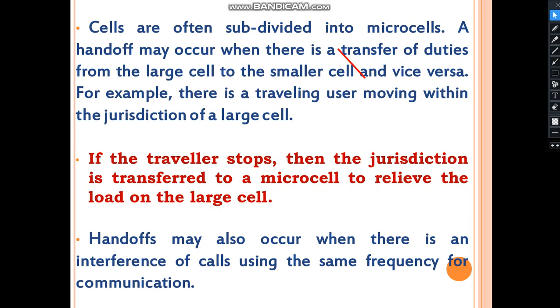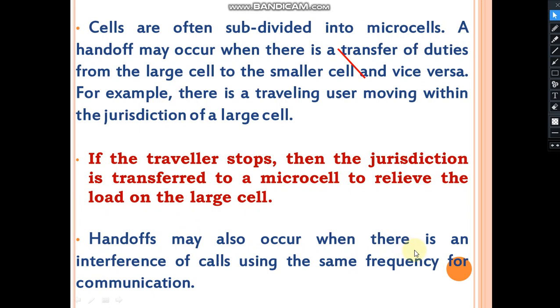In that process, the base station has to release more power, and more power is consumed by the base station. So the suitable solution to save the power of the base station is to create micro cells for proper utilization of your mobile phone.